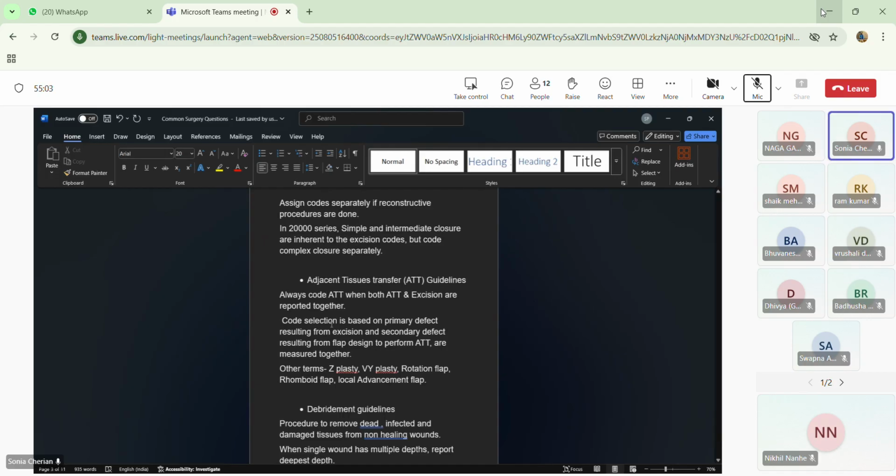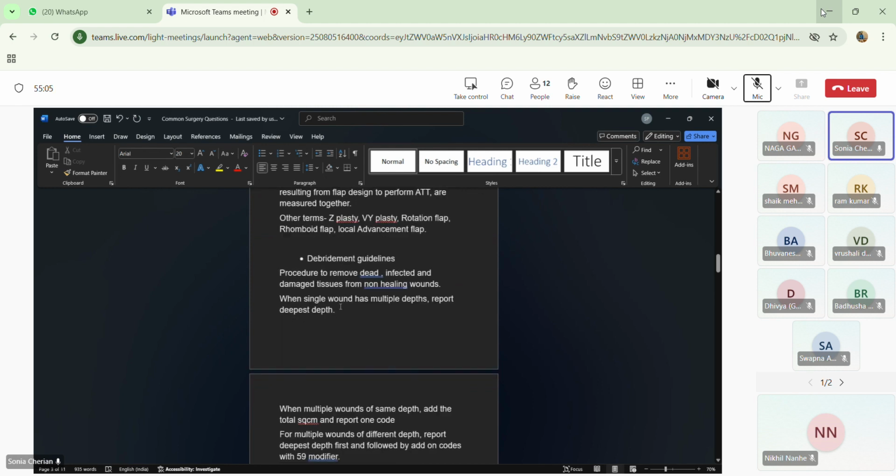Then coming to debridement. We know debridement is a procedure to remove the dead and infected tissue, right? But while reporting debridement, we need to know how to code it. When one single wound has multiple depths, for example, if they have debrided the subcutaneous layer and also the muscle layer and also the bone layer, in that case you have to report the deepest depth.